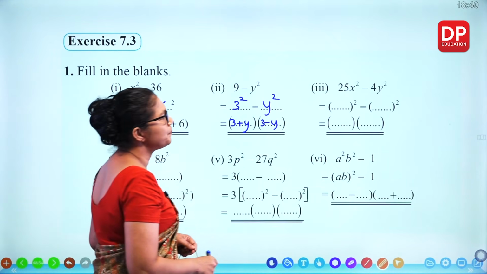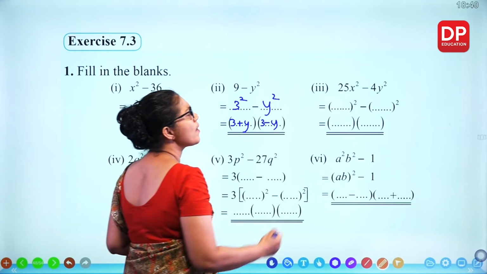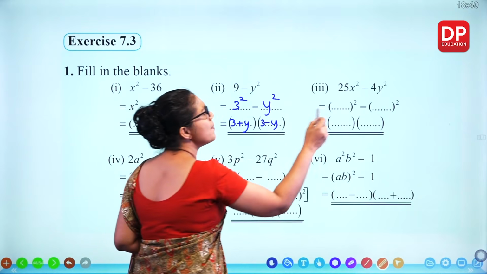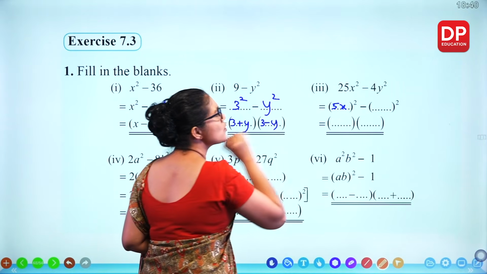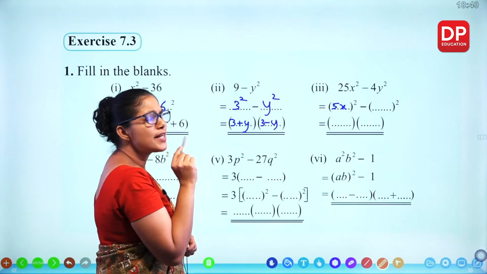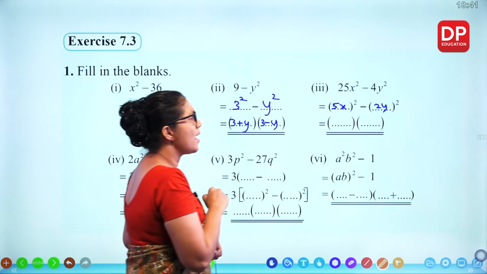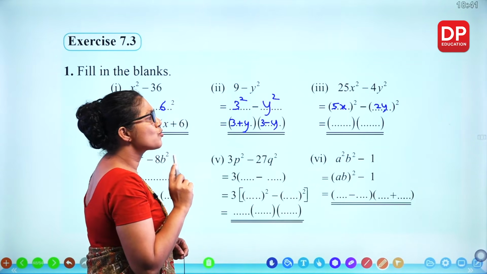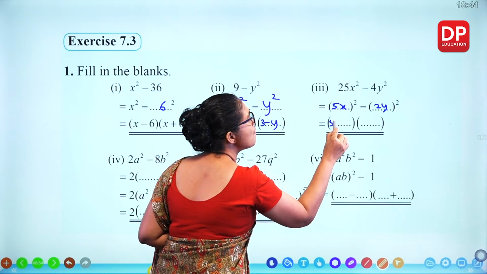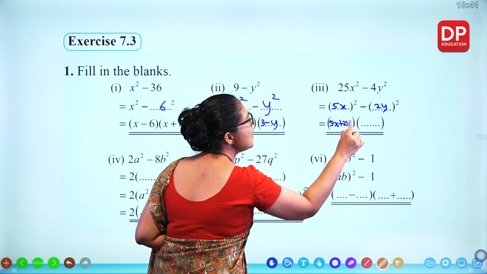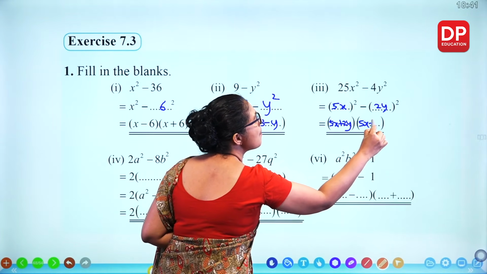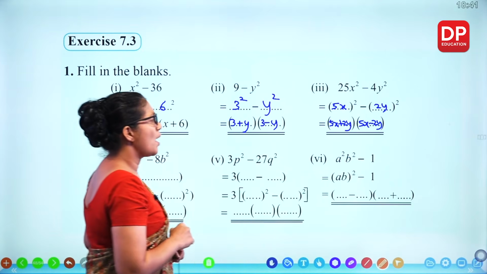Now third one, 25x squared. How can I write it as a square number? I can write 5x whole thing squared. What about minus 4y squared? I can write 2y whole thing squared. Again, difference between two square terms, I can write 5x plus 2y, 5x minus 2y.